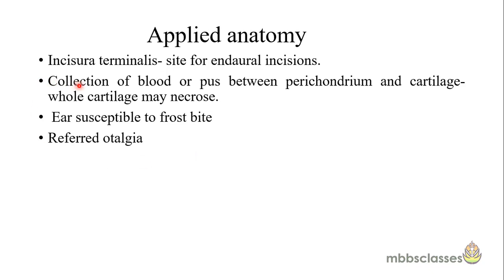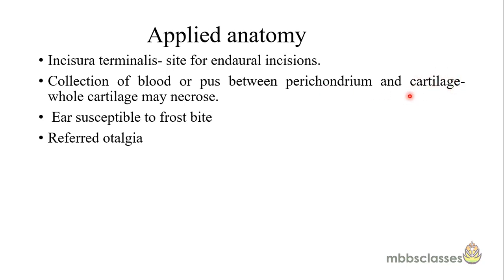Second, if there is any collection of blood or pus between the perichondrium and cartilage, what will happen? If you remember, I already told you that the cartilage gets its nutrition from its overlying perichondrium. So if there is a collection of blood or pus between these two, the perichondrium will be stripped off from the cartilage.